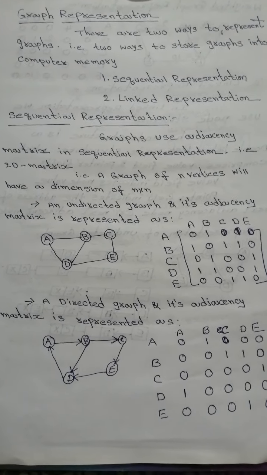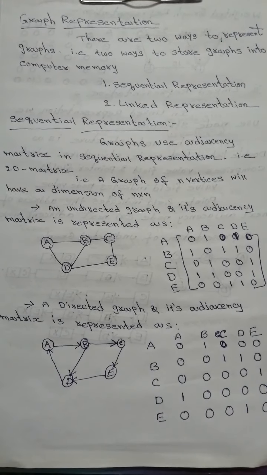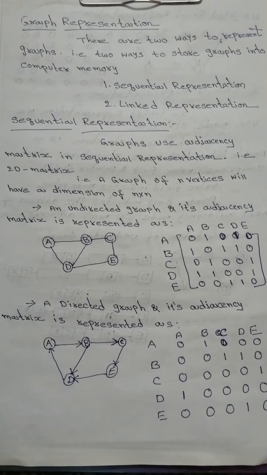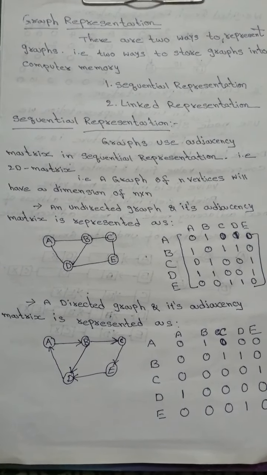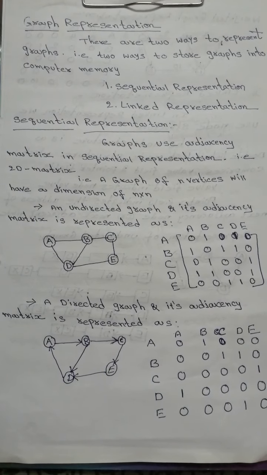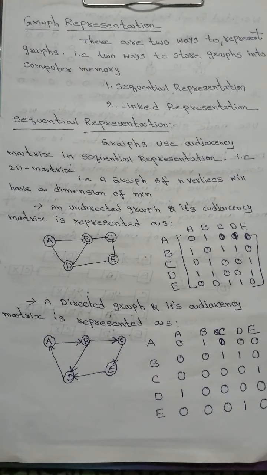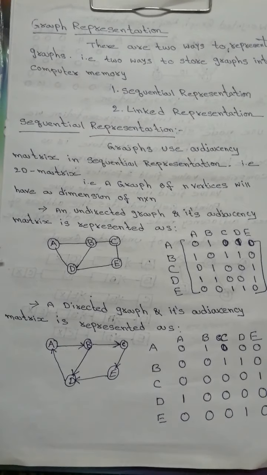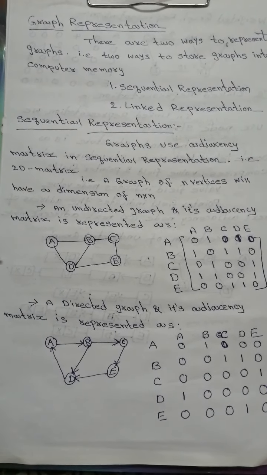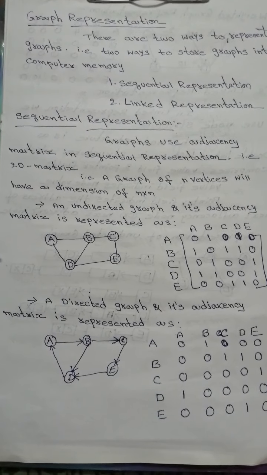We can also call it a 2D matrix. Simply, we are using a two-dimensional array for sequential representation of graphs.